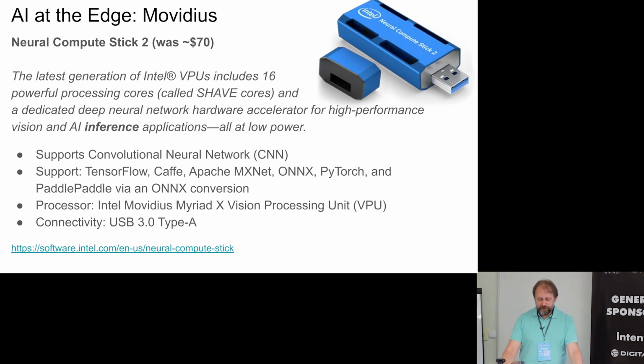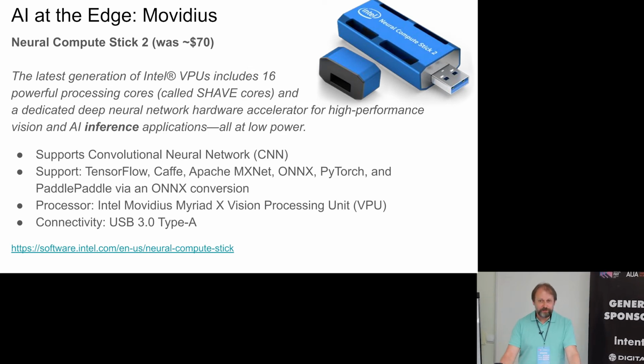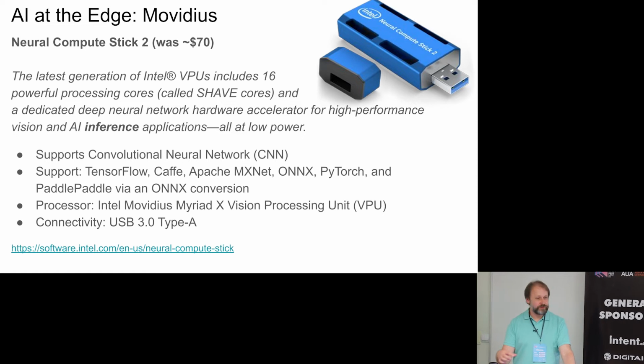Interesting solution from Intel. Intel acquired another company called Movidius, and you can use this USB stick to upload your model, and a special processor on this device will calculate your model weights and all the computations, and you can plug it into Raspberry Pi, for example, and have Raspberry Pi with pretty decent AI capabilities.